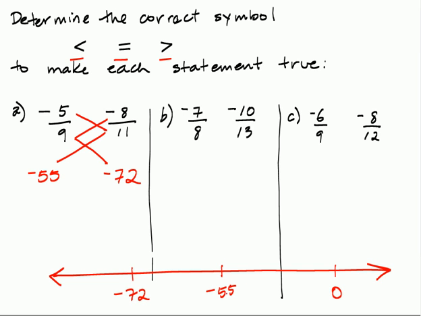So can you see -55 is greater than -72? Let me clear all of this out. So we can say that of those 2 fractions, the first one is greater than the second one. We did it. Okay, let's do a couple more.